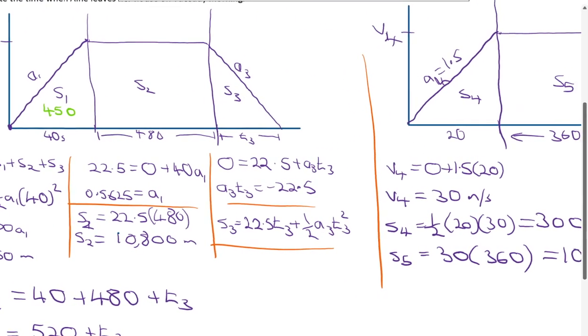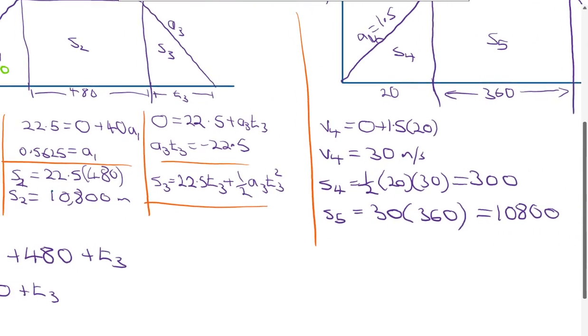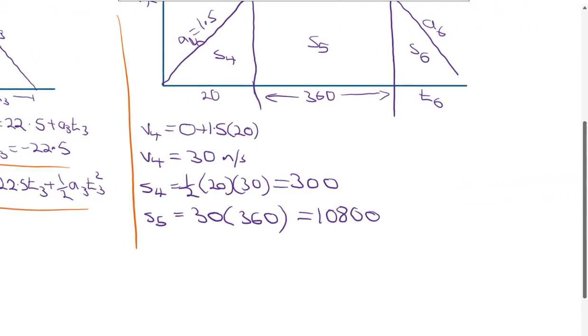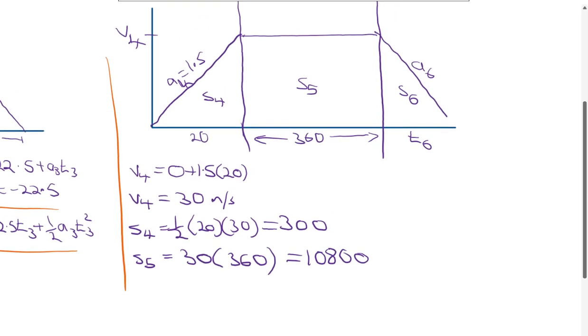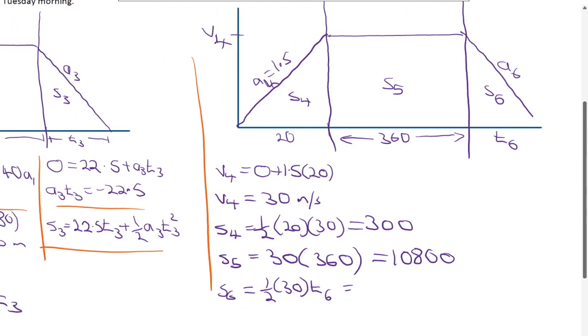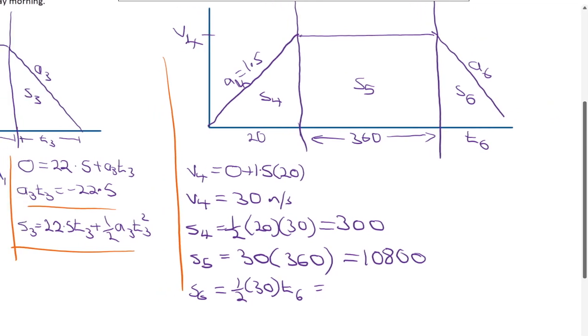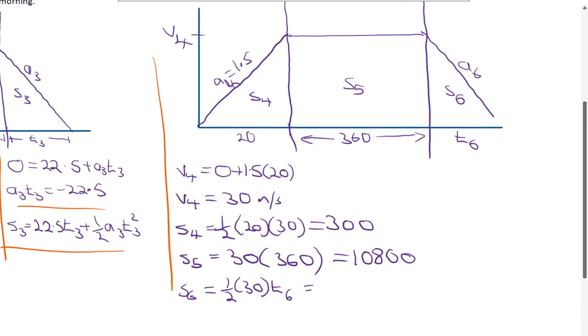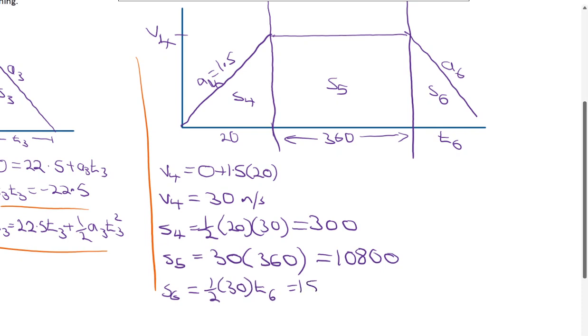And S5 and S2 are the same. Okay, cool, interesting. Nice coincidence there from Mr. SEC or Ms. SEC. And then S6 then is a half by 30 by T6, which is 15 T6.